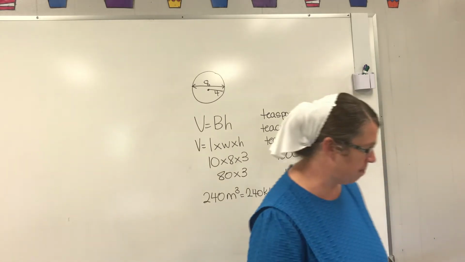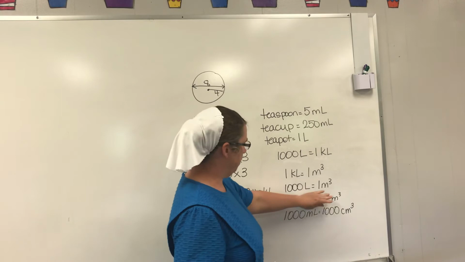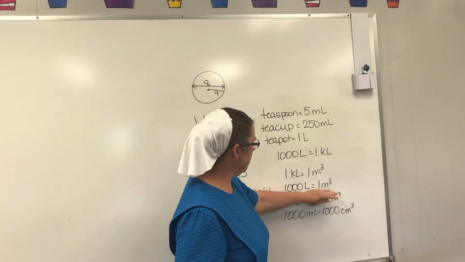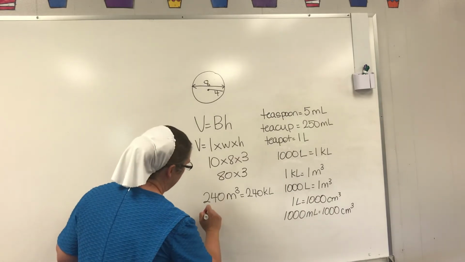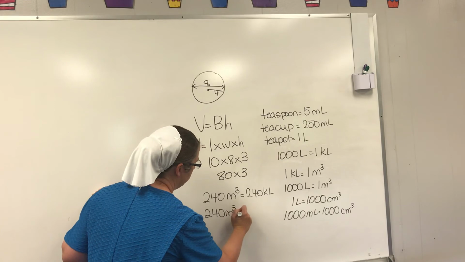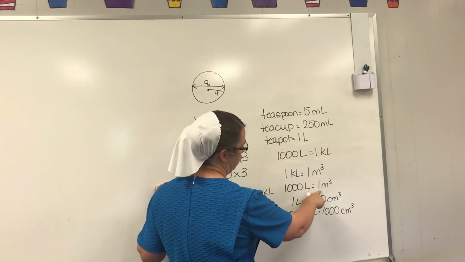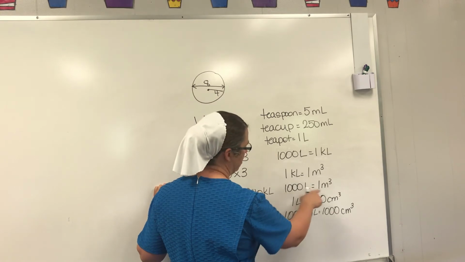How about if we have to measure it in liters? Look right here. 1,000 liters equals 1 meter cubed. All right, so if we've got 240 meters cubed, how many liters are we going to have? It takes 1,000 of these to make 1.